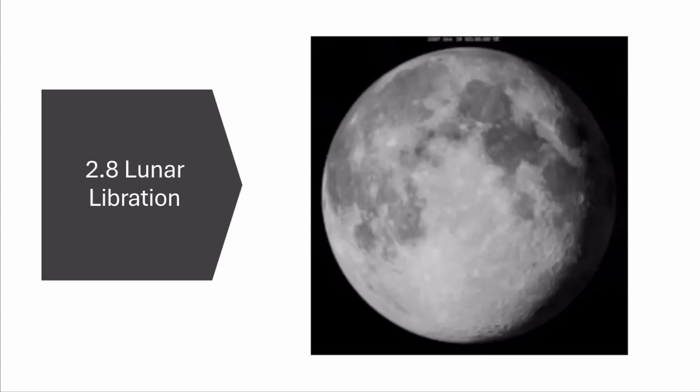But over the course of the whole year, you're able to see 59% of the entire lunar surface from any point on Earth. Because of synchronous rotation, one side of the moon is always facing us, and we can see a bit more than 50% of the moon, so something's going on. This is lunar libration, and you can see lunar libration in this video here.